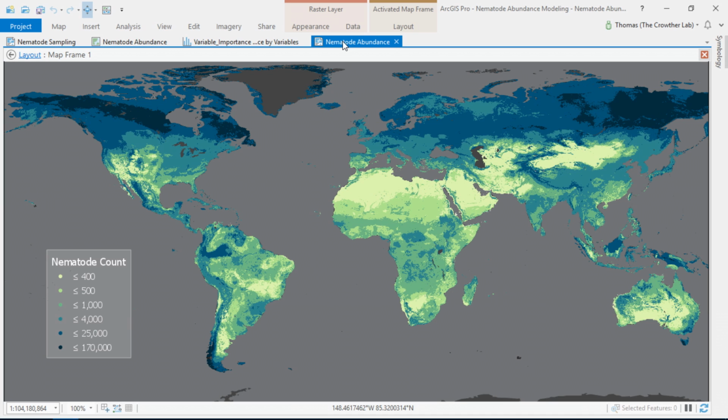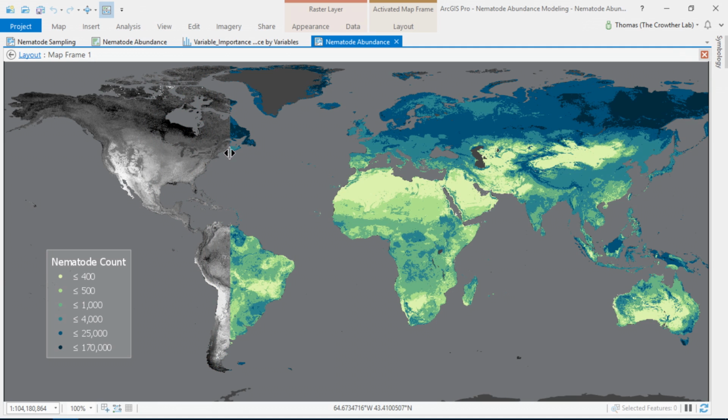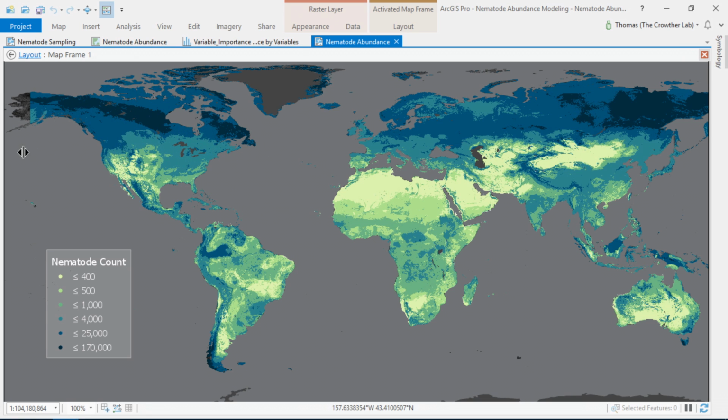For the very first time, we can see below our feet. This helps us to see those correlations. You can see that impact of soil carbon. You can see in the high latitude regions where there's a huge accumulation of carbon in the soil driven by cold temperatures. In those regions, you do see this huge accumulation of these soil animals.